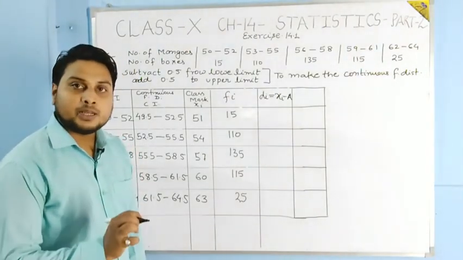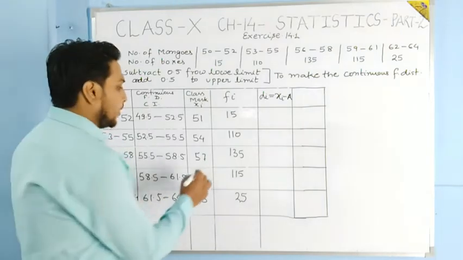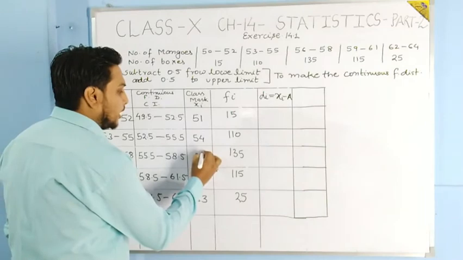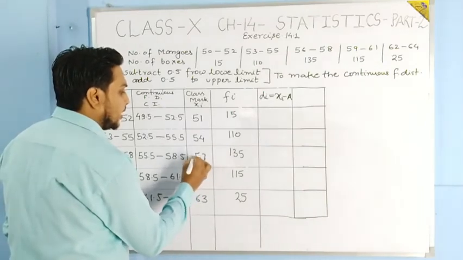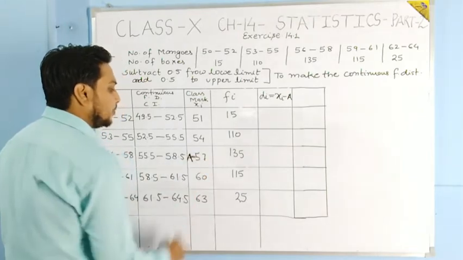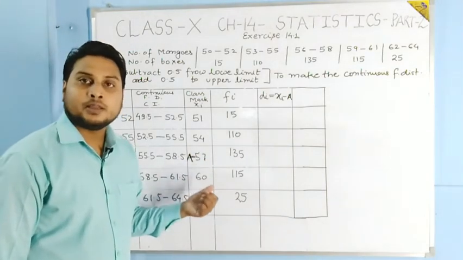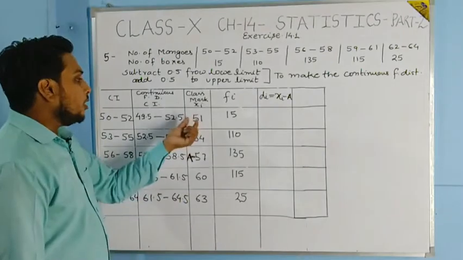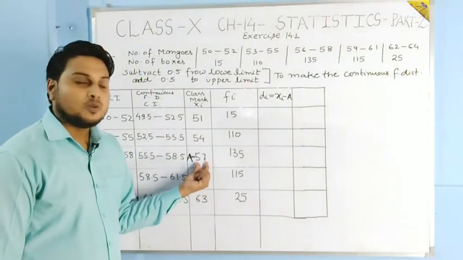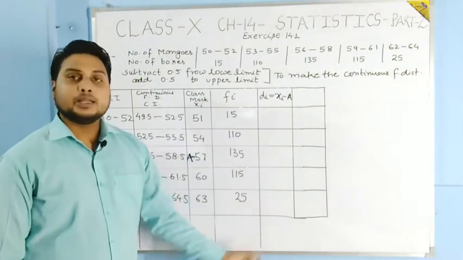One mean we will choose by ourselves. Suppose we have chosen 57. This 57 we suppose is the value of a. Now from all the values of xi we have to subtract this 57, and that will be the value of di.